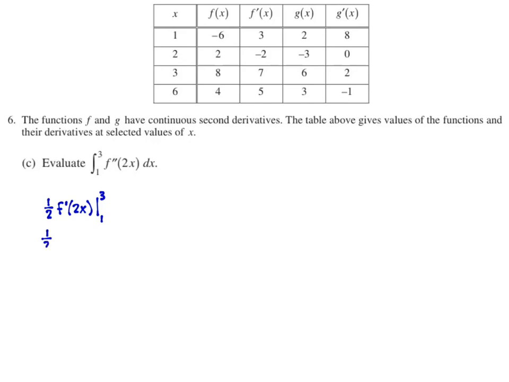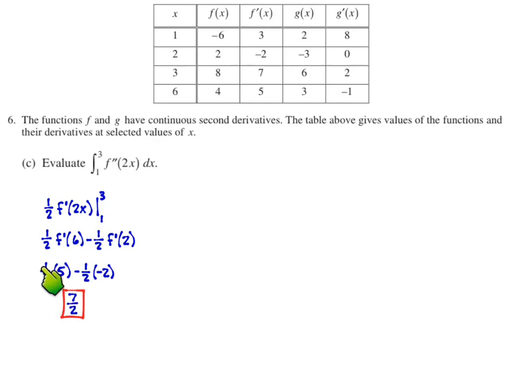So from here I'm going to plug in 3 and plug in 1 and then subtract. So when I plug in 3, 3 times 2 is 6, and then 1 times 2 is 2, so I just did that work in my head, and then we use the table to evaluate f prime of 6 and f prime of 2, and then simplify from there, we get 7/2.